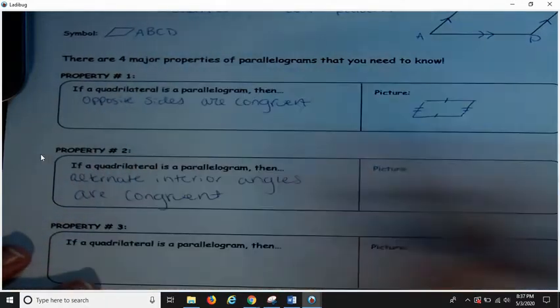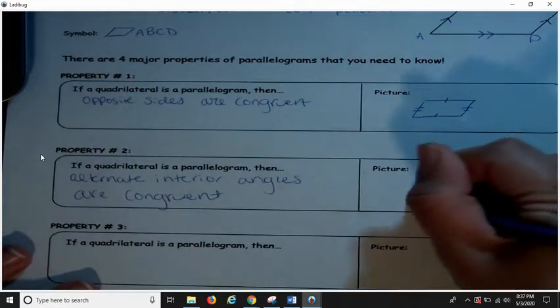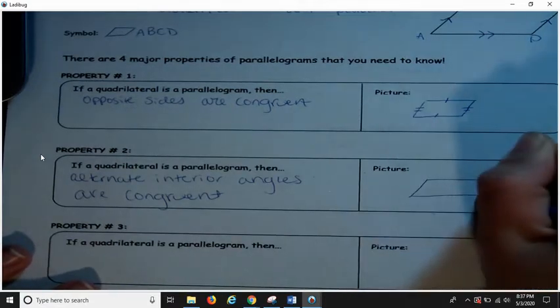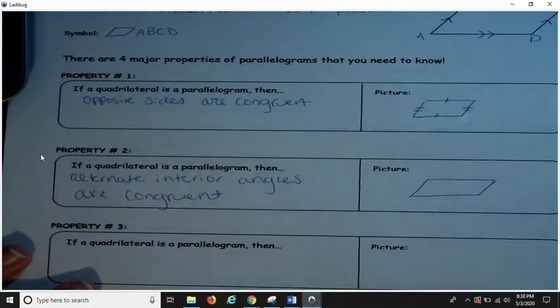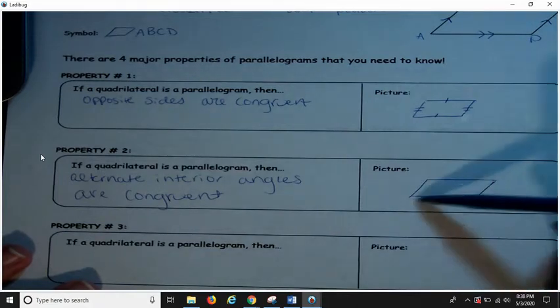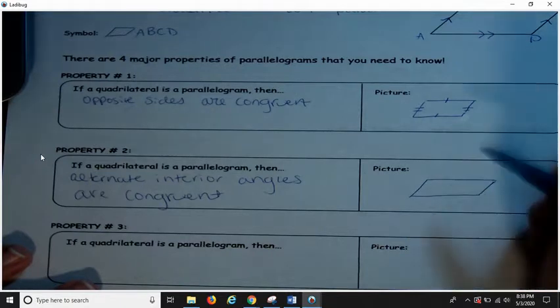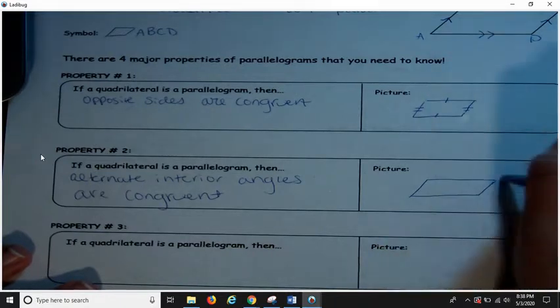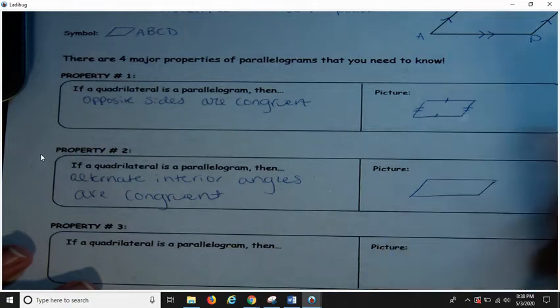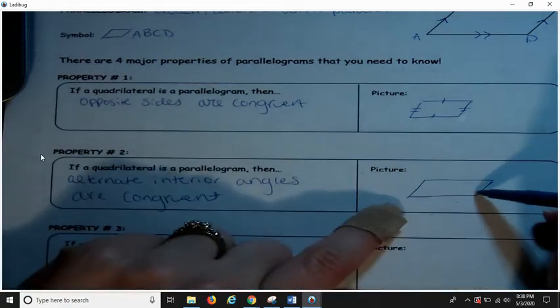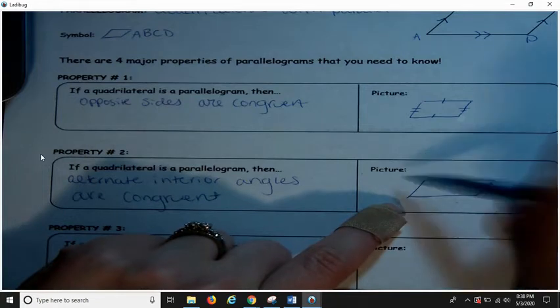We can imagine this like we did in Math 2 when you had a set of parallel lines and then a transversal running between them. But these two transversals are parallel, so you could imagine these angles being the opposite side of these.